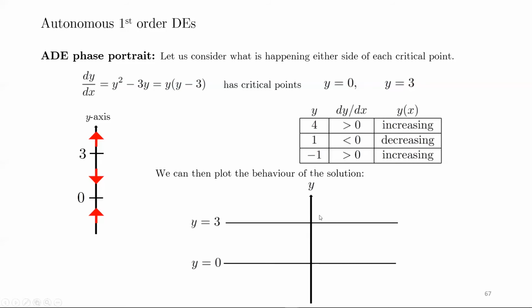Similarly, if we start just above the line y equals 3, then we're going to move away from that line because we showed that for values of y greater than 3, dy by dx is positive. And similarly, if we start somewhere down the bottom here, for negative y, dy by dx is positive, so we're going to move towards the line y equals 0. And so I can sketch some curves that do that on this graph.